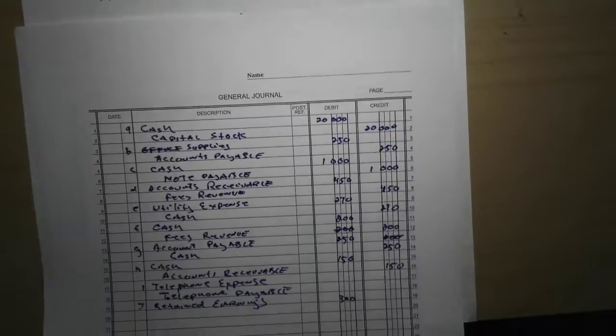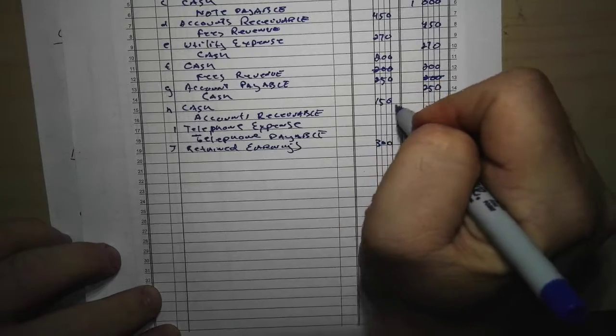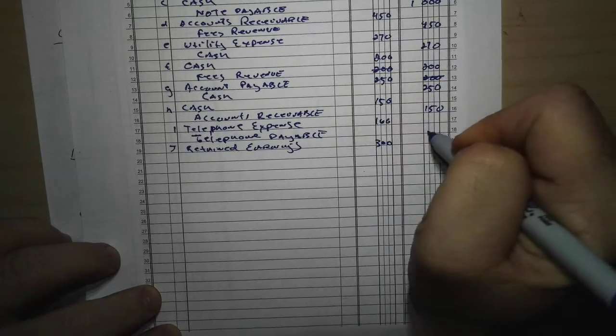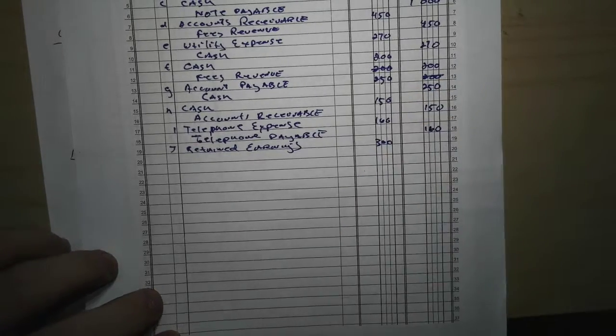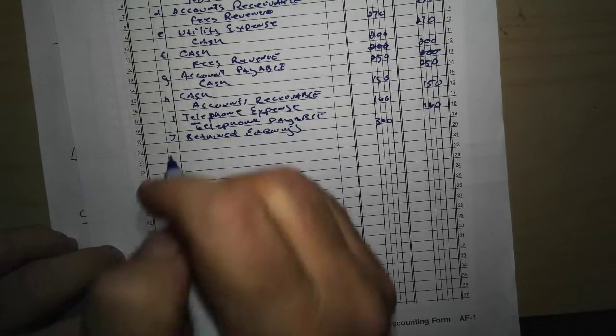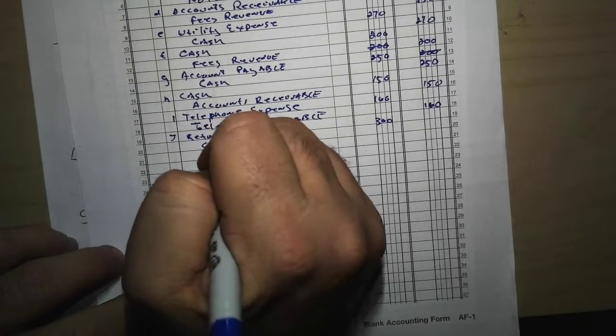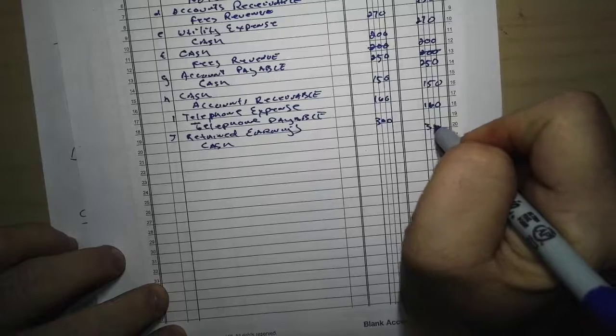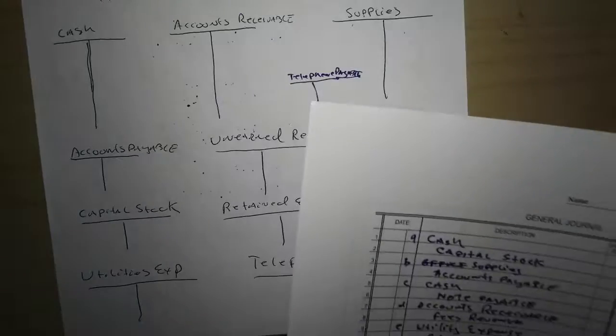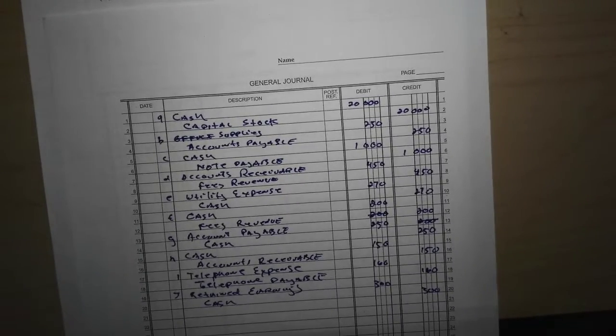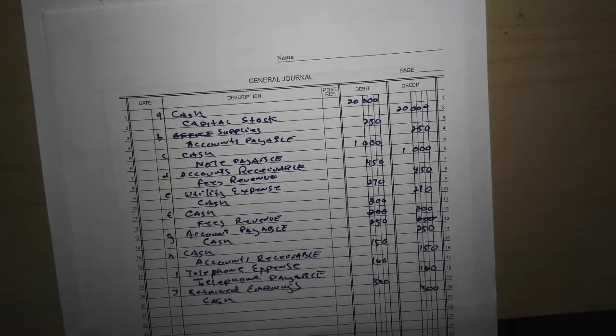I'm sorry, I forgot to write the amount in there for the telephone bill, so it's 160. All right, so I got the retained earnings debit, and of course when we pay dividends, we'll just pay cash, 300.